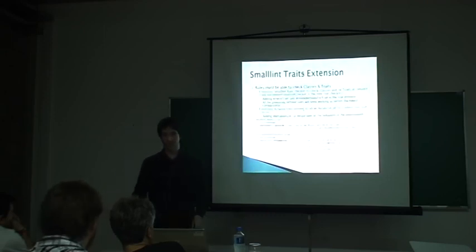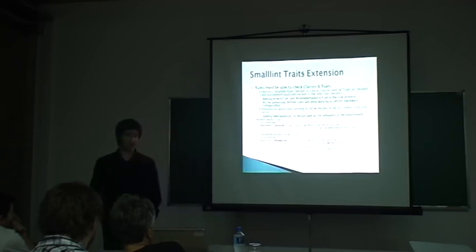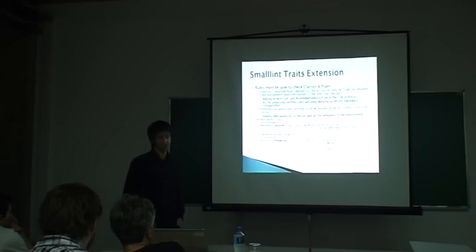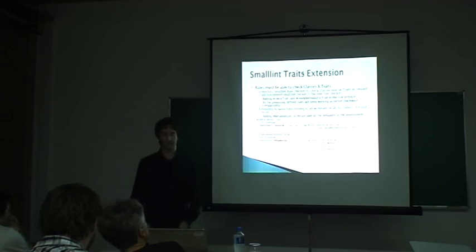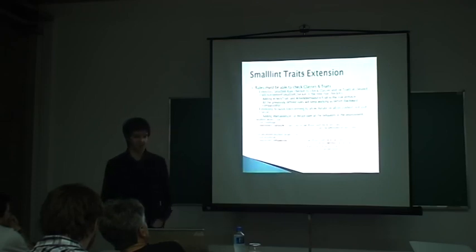Well, the next step in this adaptation of the smalling tool is that the rules have to be able to check classes and traits, right? Because before, as I showed, they only checked classes and methods.